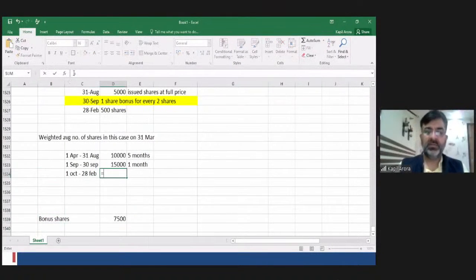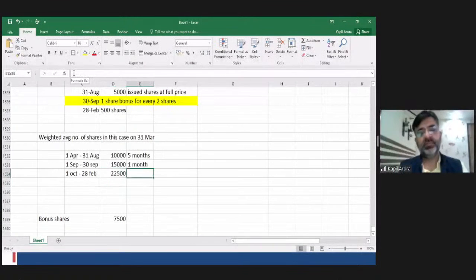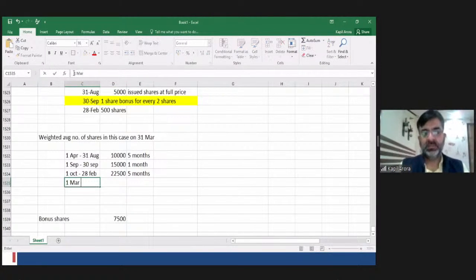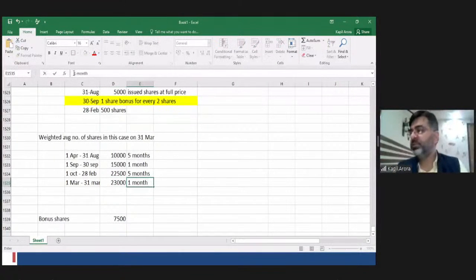So 15,000 plus 7,500 shares for October, November, December, January and February, for 5 months. And after that, for 1 month, from 1st March till 31st March, we have 23,000 shares because I have issued 500 more shares.